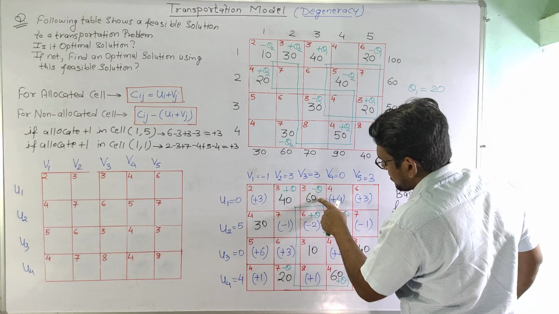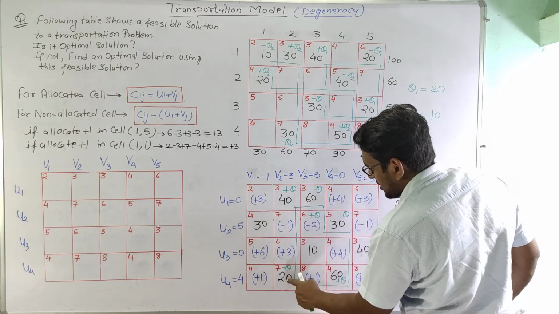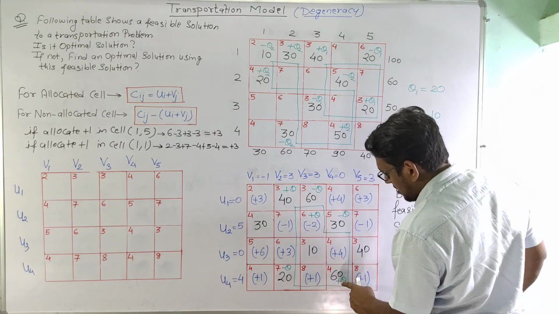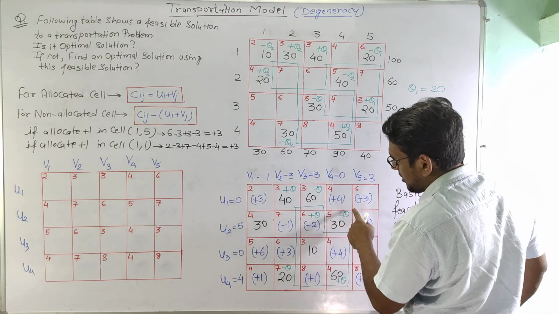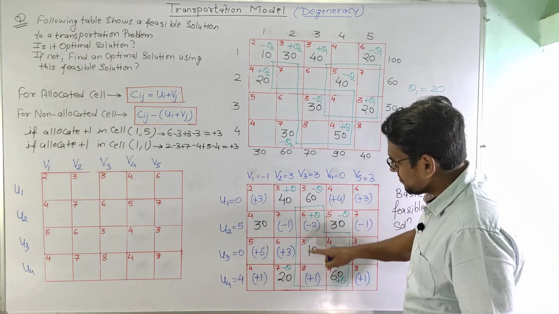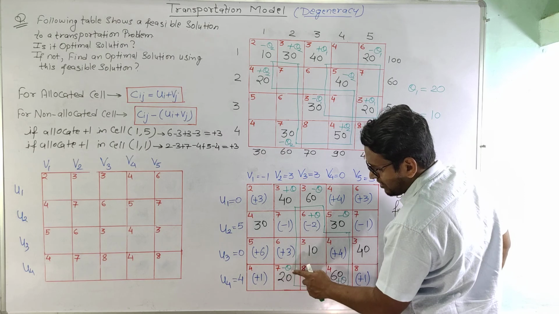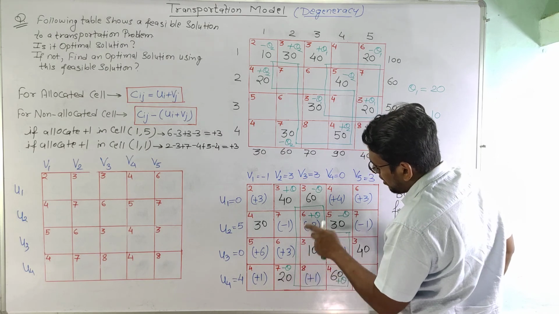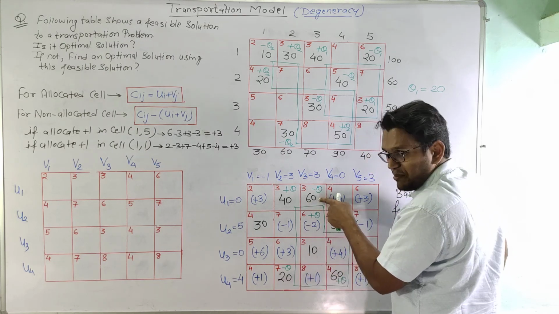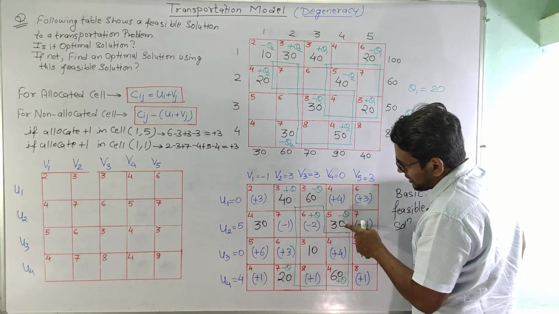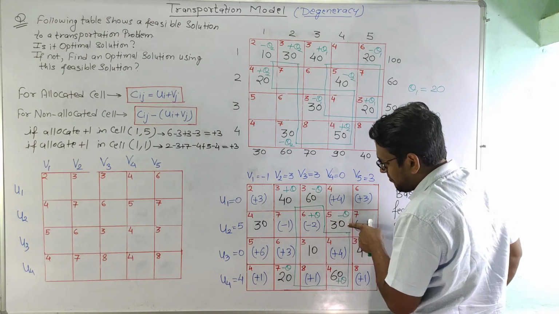So this is 60 minus theta, this is 20 minus theta, this is 30 minus theta. So among these, for this particular cell, theta can be maximum 20, for this particular cell theta can be maximum 60, and for this particular cell theta can be maximum 30.